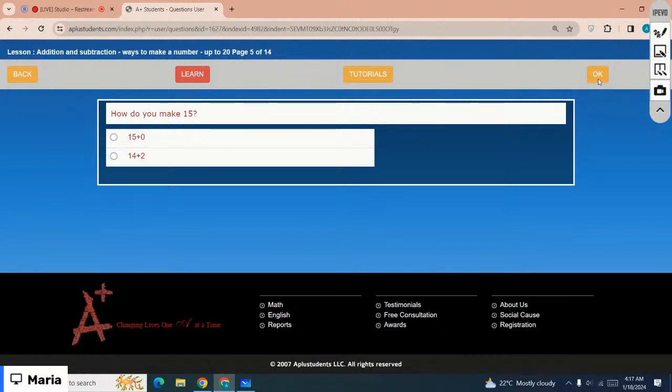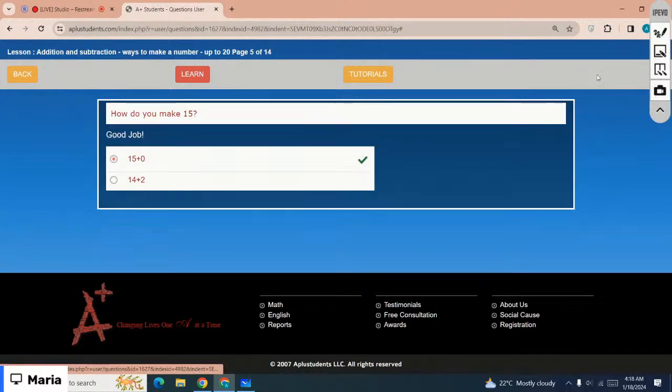So the correct option is 15 plus 0. Option number 1 is the correct option.